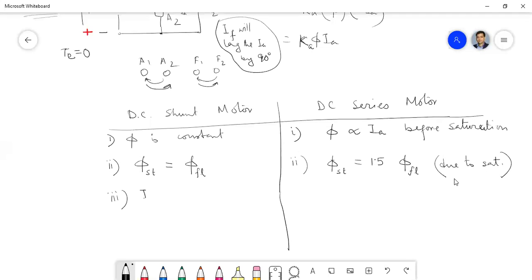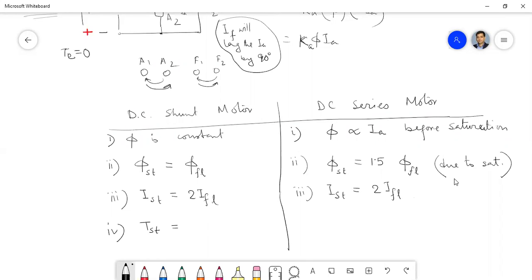Now here the starting current is kept almost equal to twice the full load current. Here also the thing is the same. The starting current is kept twice the full load current. But if that is the case, then what about the starting torque?